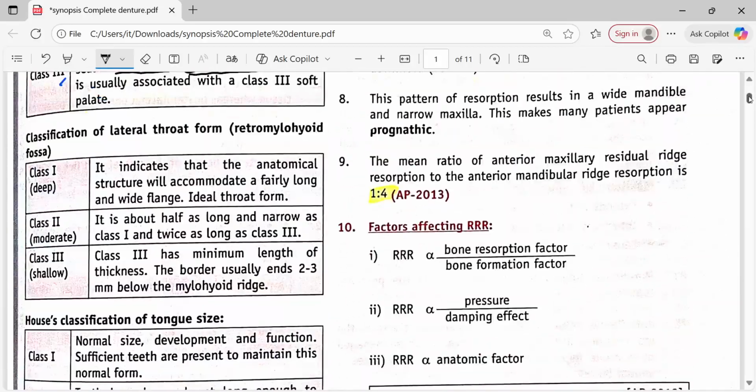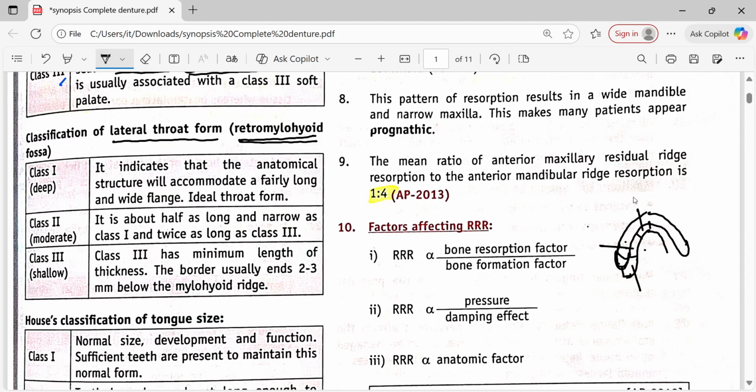The second is the classification of lateral throat form. Now, what is lateral throat form? It is the retromylohyoid fossa. What is this? Suppose this is your mandibular arch. Here is your tongue. The space between the tongue and the mandibular arch or ridge is called the lingual sulcus, and this lingual sulcus can be divided into three parts: part 1, 2, and 3.